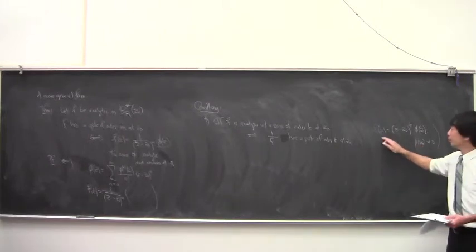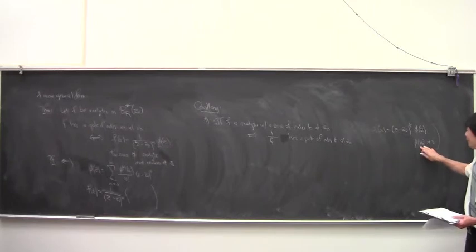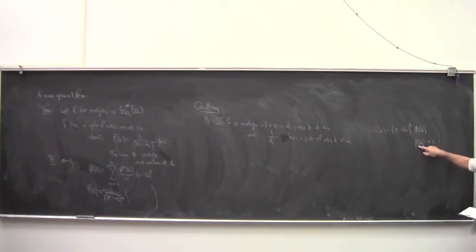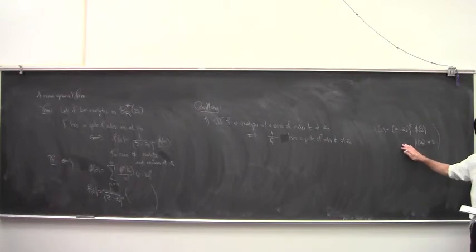And then what's 1 over f? Well, 1 over f is just going to be an analytic function in some small neighborhood, because you know that the function is not going to be 0 in a small neighborhood. So 1 over phi is going to be analytic in a small neighborhood. So you have an analytic function times 1 over z minus z naught to the k. In other words, you have a pole.